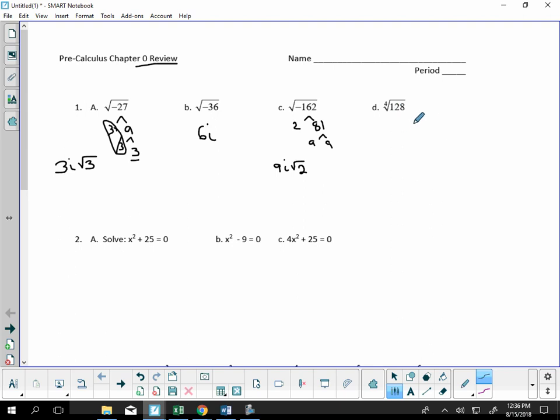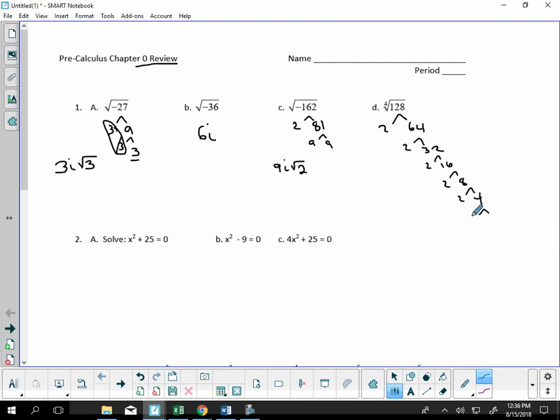And on the last one, that has to be in groups of 4. Let's do a factor tree. 2 times 64. 2 times 32. 2 times 16. 2 times 8. 2 times 4.